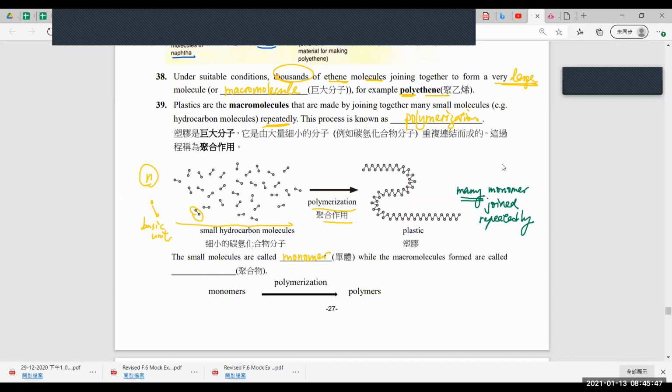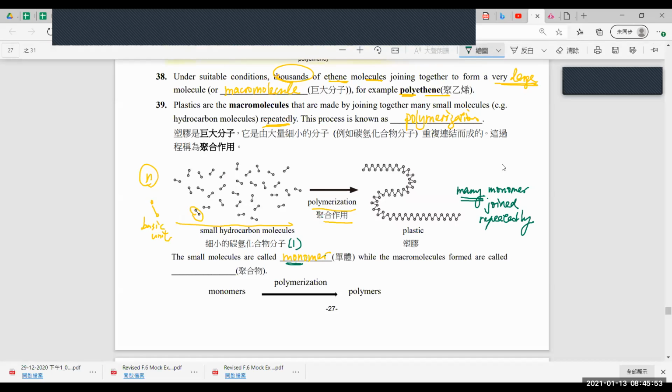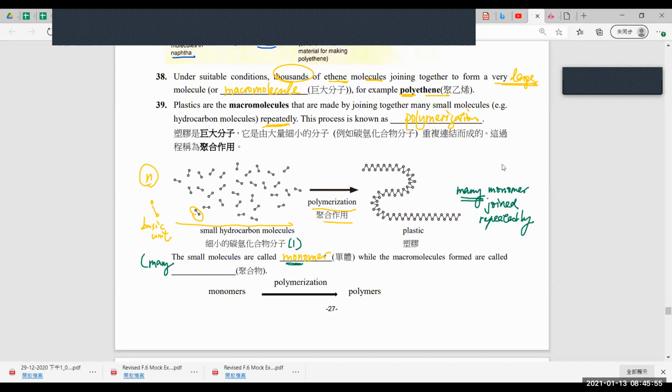Mono always refers to one, but here we have got many, so I change the word from mono to poly. You may have heard of poly in mathematics, which means many.